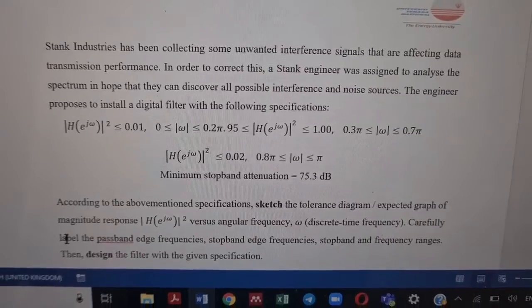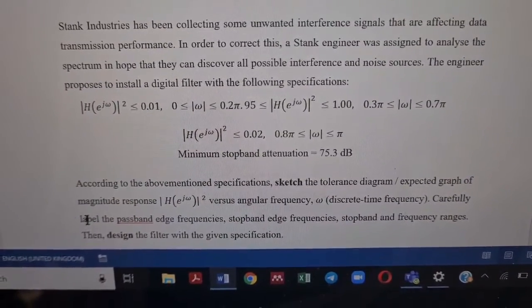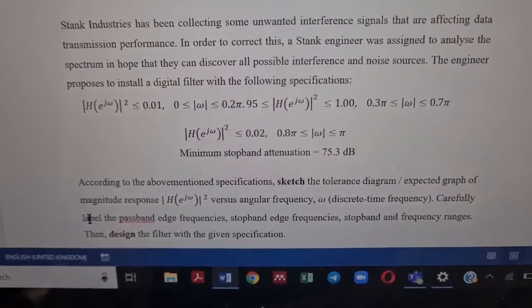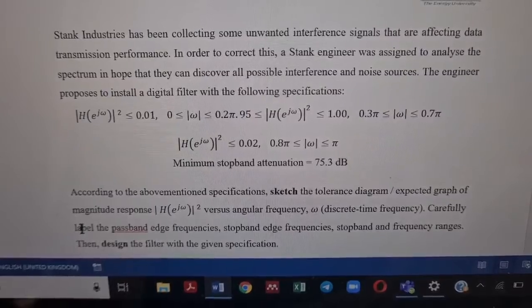We are here to design a filter to solve a problem for a specified industry that has interference signals affecting their transmission performance.